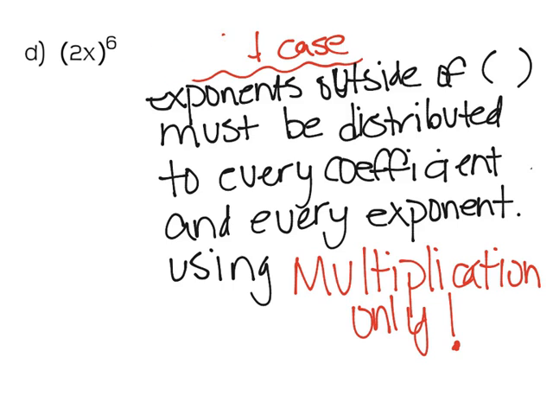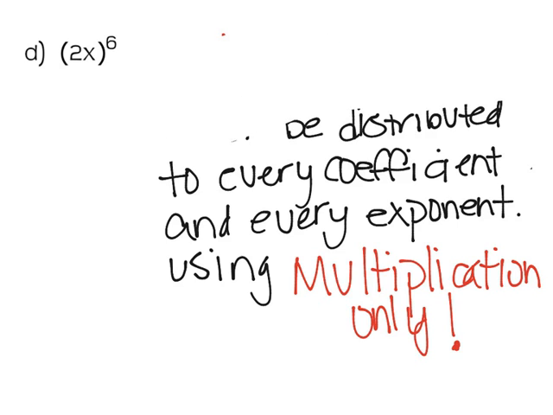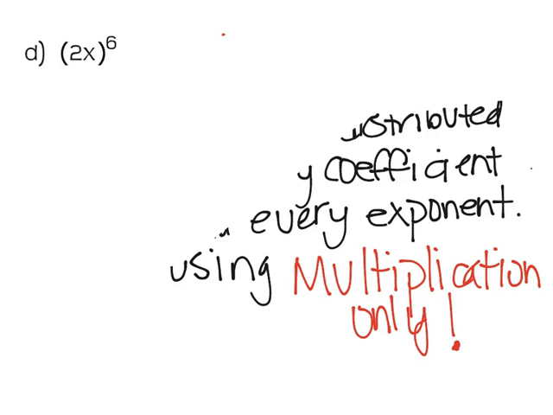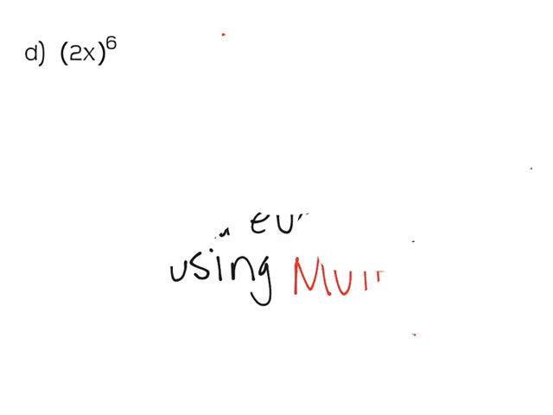To make more room, I'm going to go ahead and erase what I've written, and then we'll get started on this special case problem. Now, of course, we're going to need to distribute the 6 because it's outside of the parentheses. So we're going to distribute it to the coefficient. So that will be 2 to the 6th power.